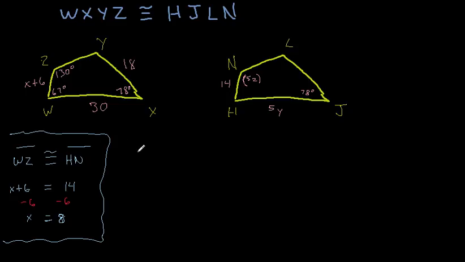Well, that's equal to 30. So now I'm going to say, hey, line segment HJ, or I could say JH. It really doesn't matter which order I put the line segment in. The line segment HJ is congruent to line segment WX.